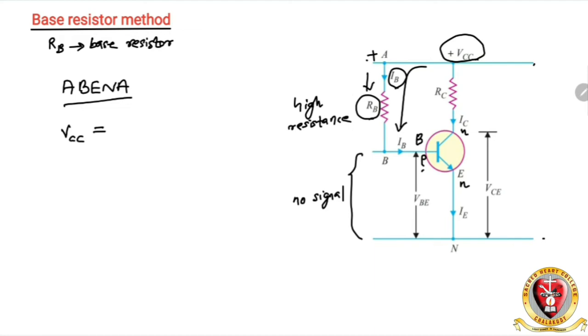What is the voltage drop across this resistor? It is IB RB. Now the loop is going in this way. So there is a potential difference between B and E, that is known as VBE. So this is the circuit equation using Kirchhoff's voltage law.